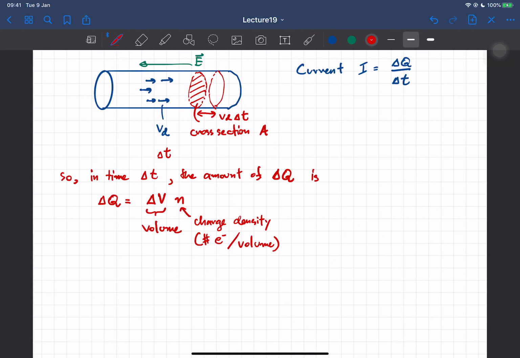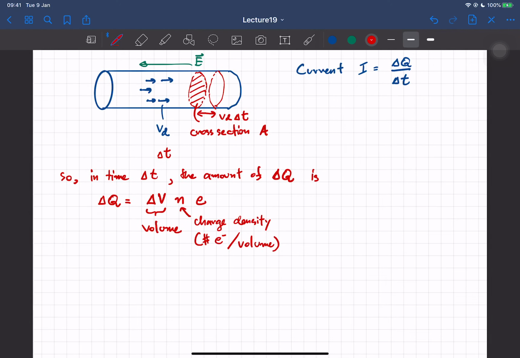So delta V times N gives you how many electrons go across that cross section in the time delta t. And well, we want delta Q, right? So you need to multiply by the electron charge e, like this.